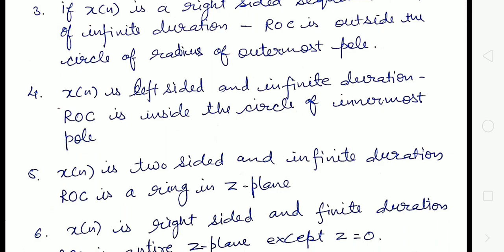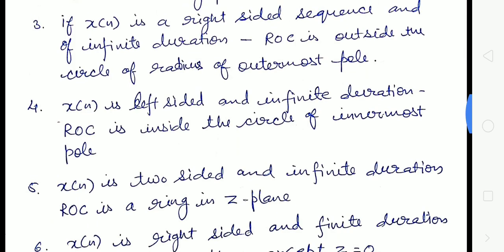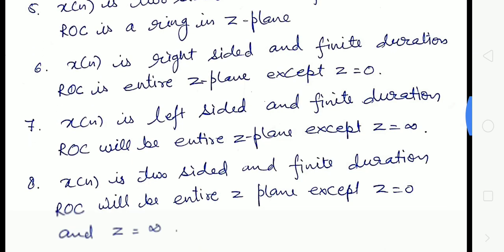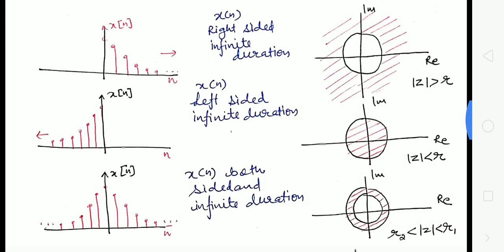And if x(n) is left sided and of infinite duration, then ROC is inside the circle of the innermost pole. And the third one is, if x(n) is two sided and of infinite duration, then ROC is a ring in the z plane.